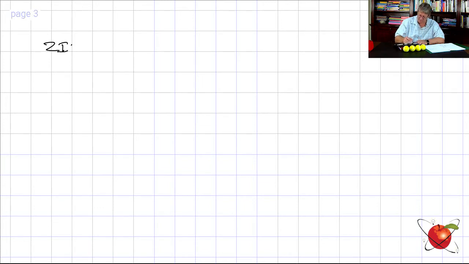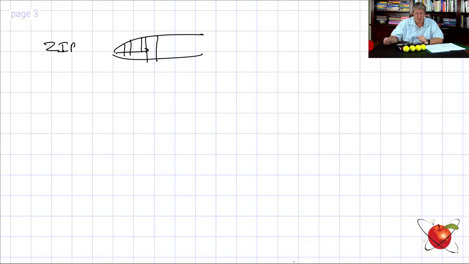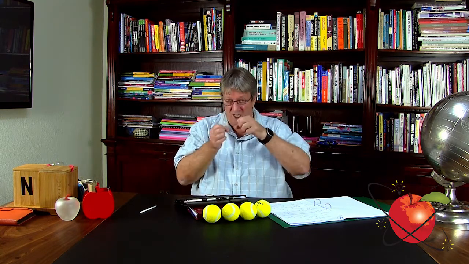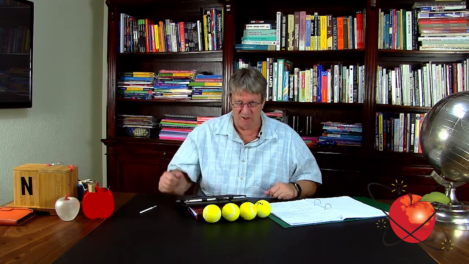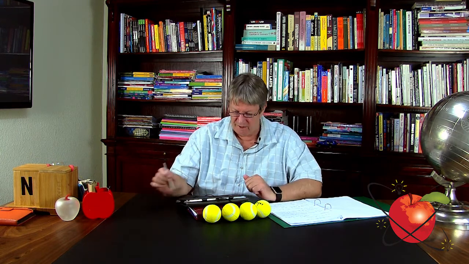Think about a zip. The more sides you've got, the more teeth you've got hooking, the greater the bond of the zip, isn't it? So the longer the chain of carbon atoms, the more of the London forces, which means to tear it apart, to actually boil it, you need more, and it's heavier, so you need more there as well. So that's pretty straightforward.